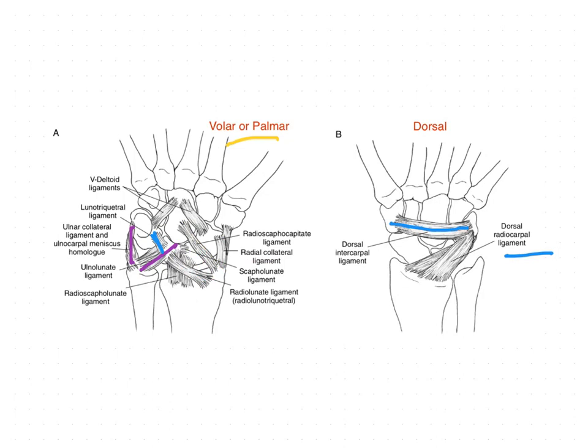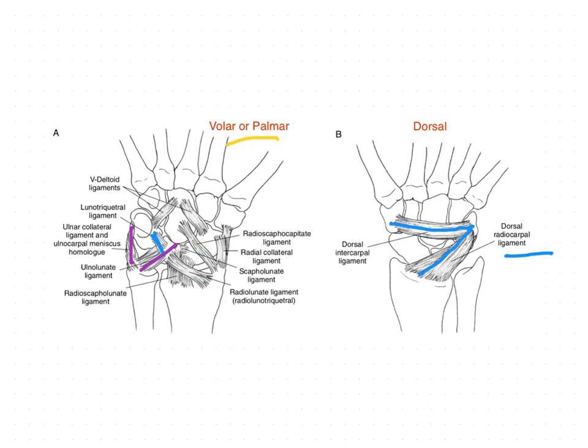The two dorsal ligaments together form a horizontal V. So the dorsal radiocarpal ligament and the dorsal intercarpal ligament form a horizontal V shape, which mainly contributes to radiocarpal stability on the dorsal aspect, and also helps the wrist complex by stabilizing the scaphoid during wrist range of motion.